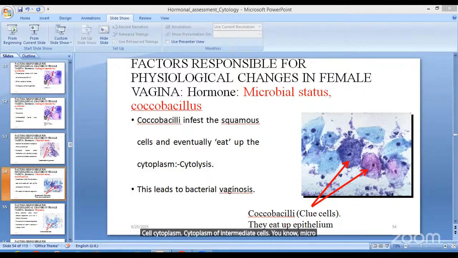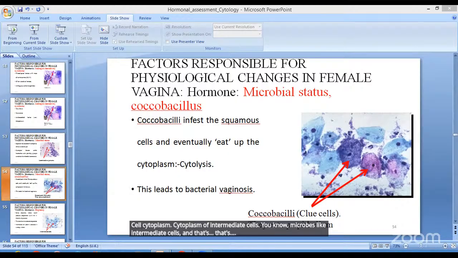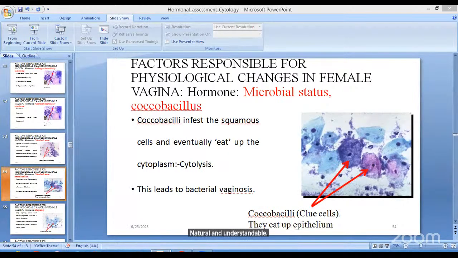Microbes like intermediate cells, and that's natural and understandable because intermediate cells come to the table with food, glycogen. So the bacteria like to feast.